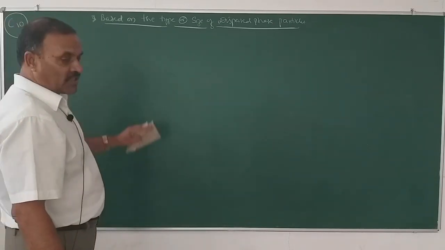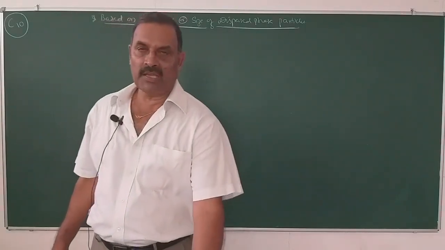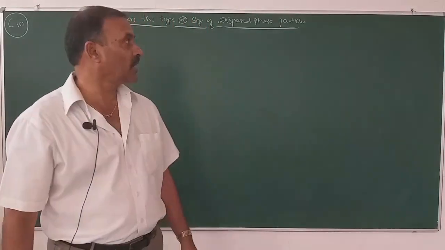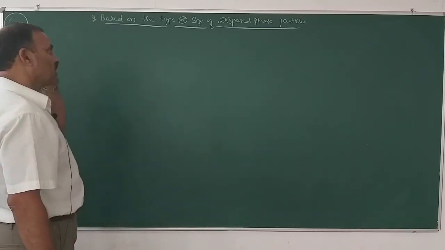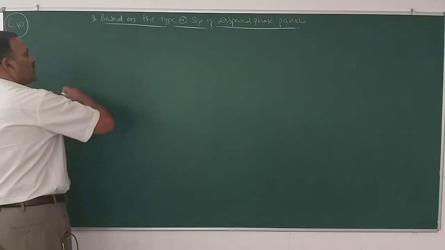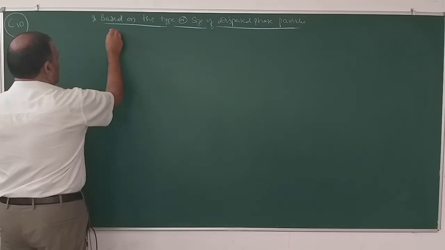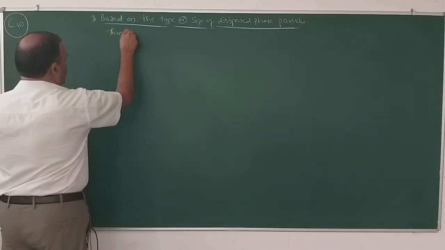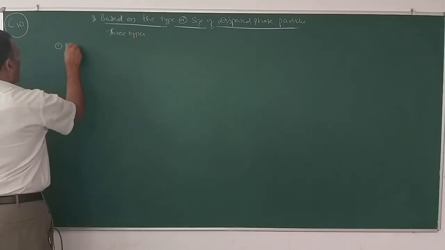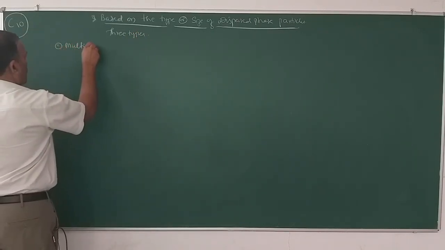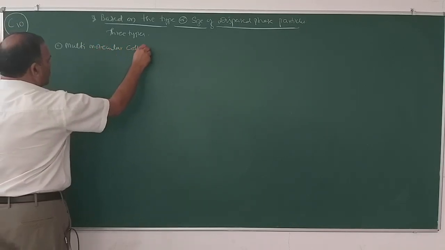So the third type of classification is based on the type or size of the colloidal particles. Based on the type or size of the dispersed phase particles, colloids are classified into three types. Number one, multimolecular colloids.